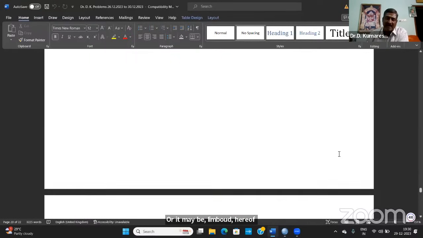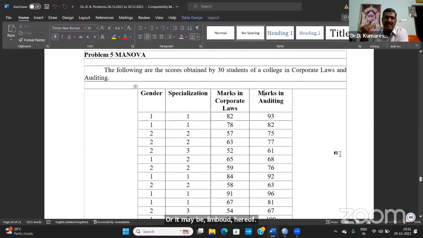But unlike this, in the case of MANOVA, the two marks are entirely different, even though there is a high degree of correlation between these two.